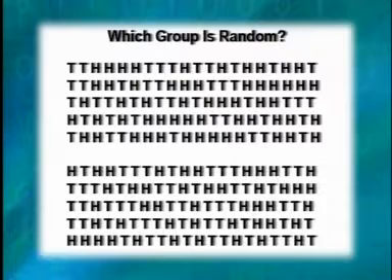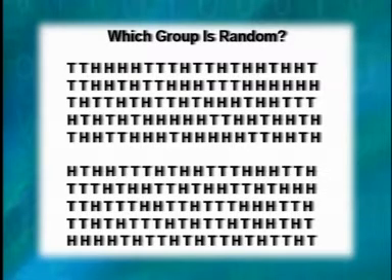So in order to do this, let me ask you to look at the following list of H's and T's. I know this is a long list of H's and T's, but I want you to look carefully at this list, and I'm going to tell you that both of these have the same number of H's and T's, but they were created in two different ways.